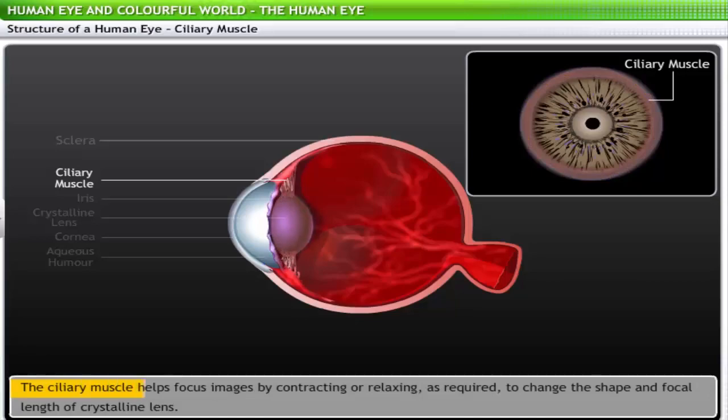It helps focus images by contracting or relaxing as required to change the shape and focal length of the crystalline lens. Thus, it ensures proper vision by changing the focal length of the eye lens based on the distances of objects in the line of vision.